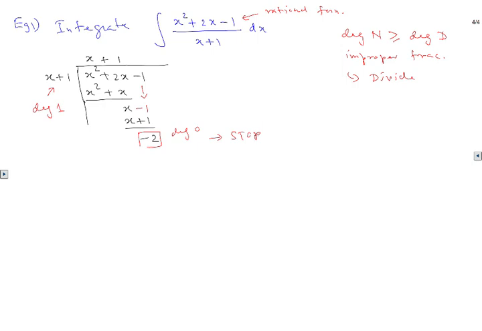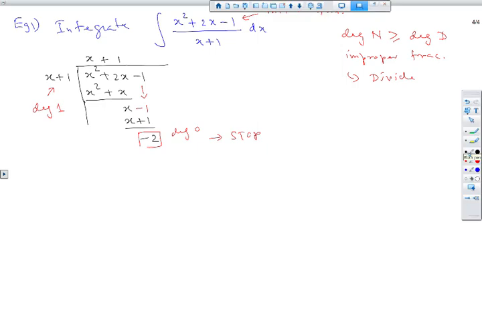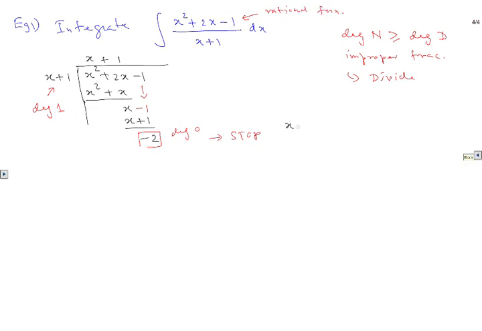Okay, so we have the terms that we need. Now we can write the fraction like this. So we're going to get that when you divide x squared plus 2x minus 1 by x plus 1, you get the quotient as x plus 1. That's the quotient, and then you get a remainder of negative 2, so you have to divide that one by the divisor.